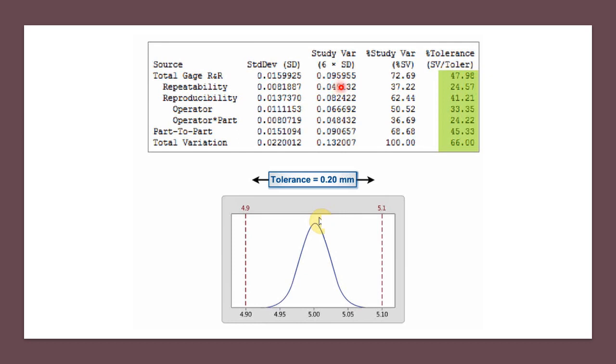So ideally, the percentage of tolerance for the total gauge R&R would be close to zero, meaning the variation due to the measurement system is small relative to the tolerance.